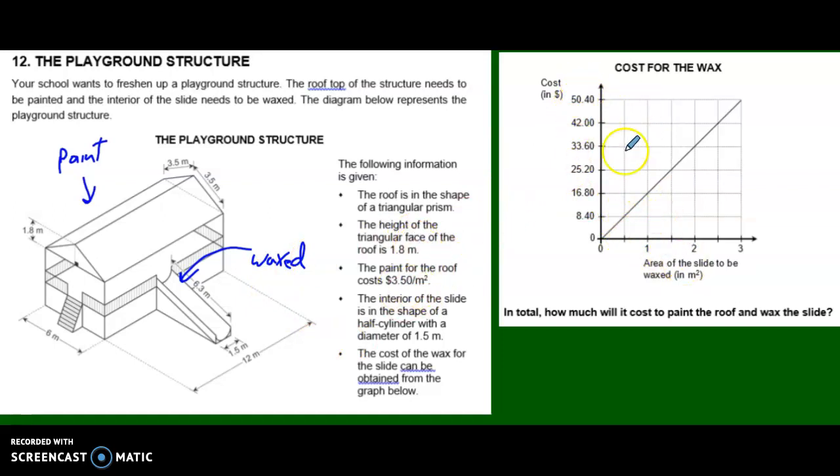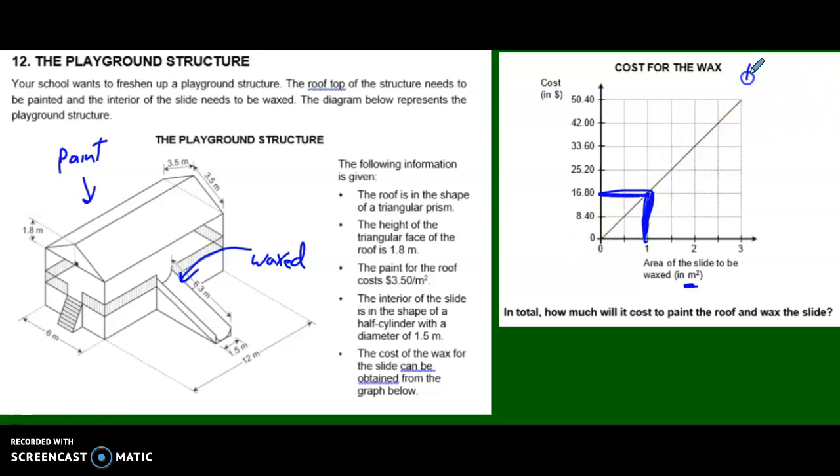So let's see. What does this table tell us? This is the cost and this is the area. So for 1 meter squared, I can just look right here. It's $16.80 for 1 meter squared. It's a straight line going through the origin.